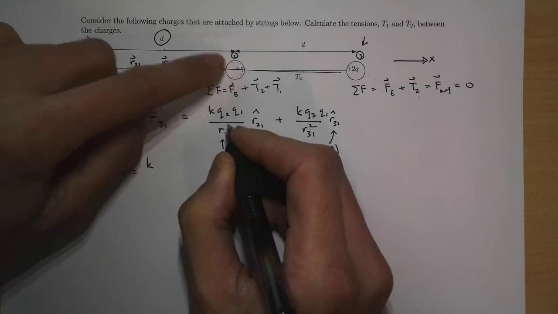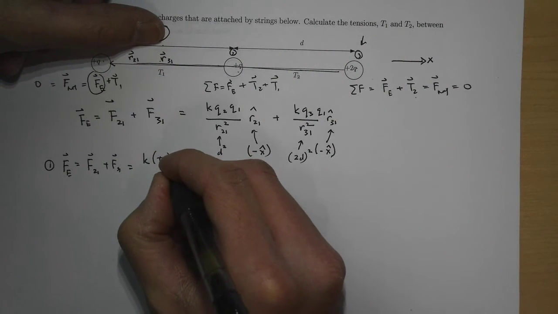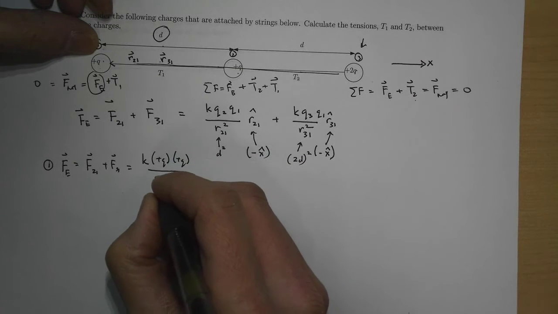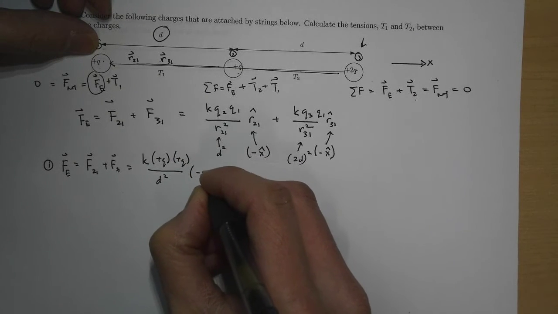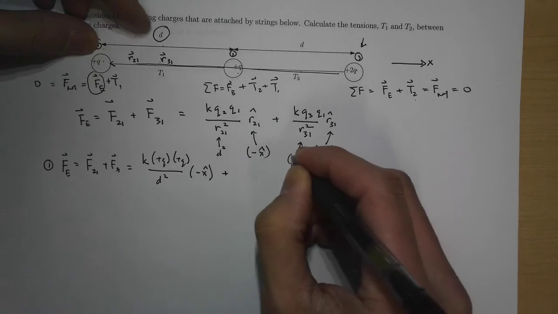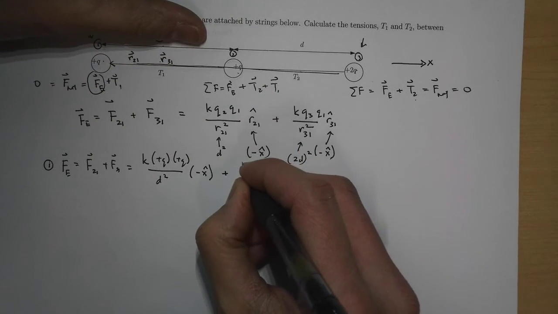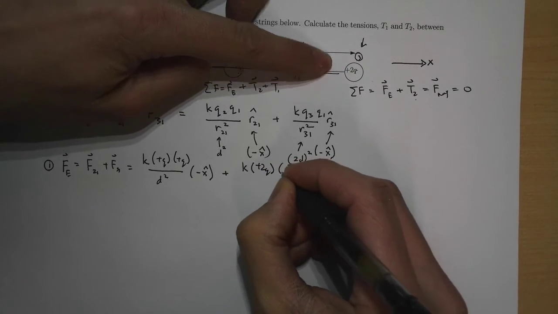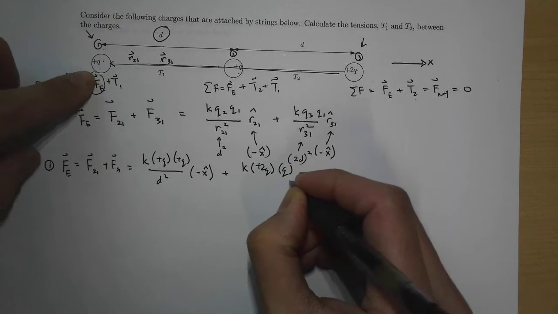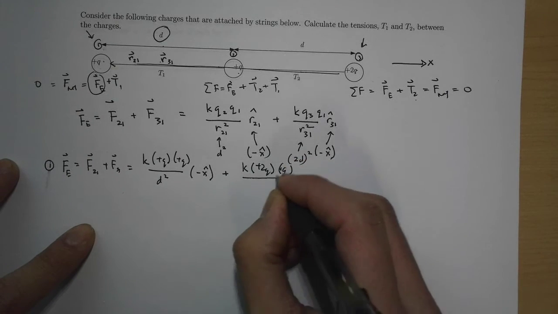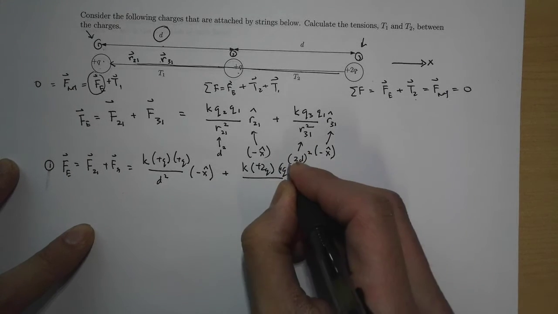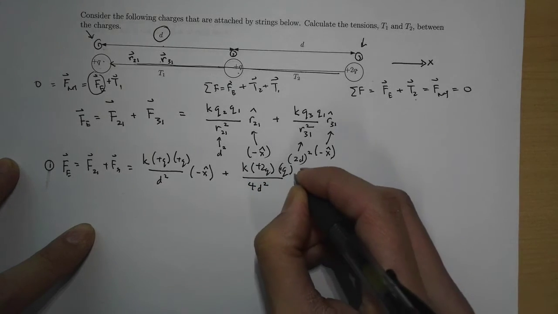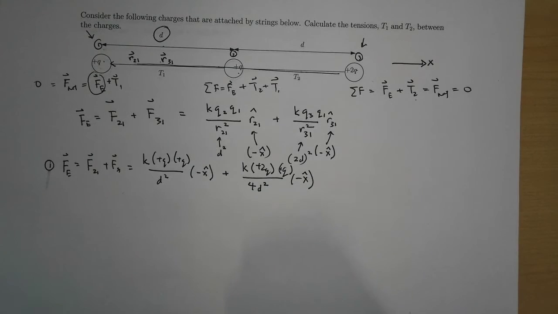Now Q2 is plus Q, Q1 is plus Q again, divided by d squared in the minus x hat direction, plus Coulomb's constant again, Q3 is plus 2Q, Q1 is Q again, divided by 2d squared, that's 4d squared, again in the minus x hat direction.